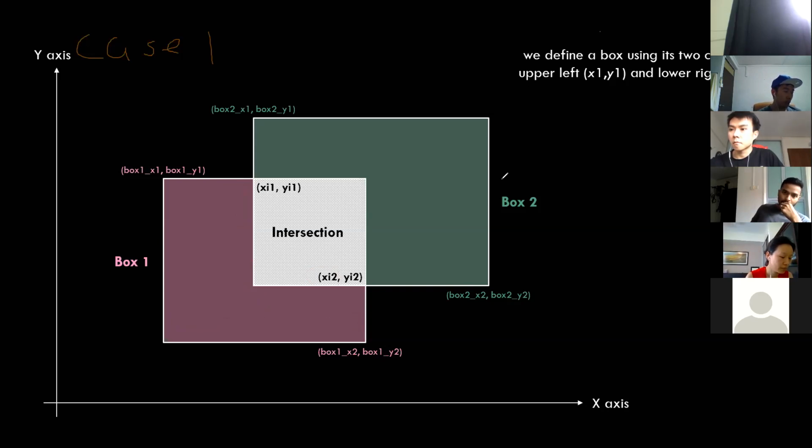All right, so you have your xi1, and that represents this length. Xi2, sorry, this is xi2.